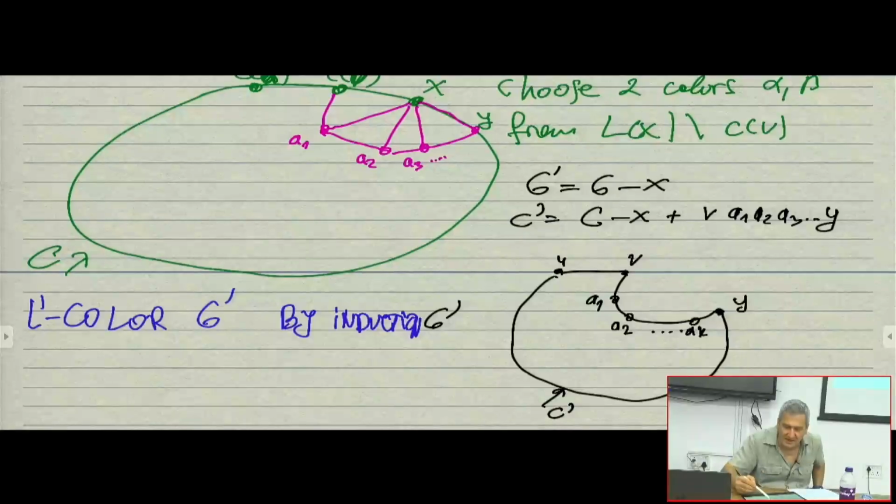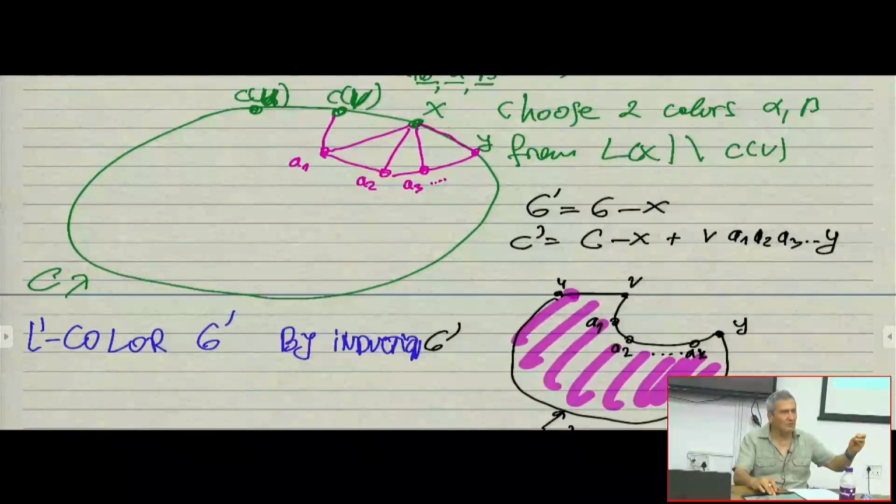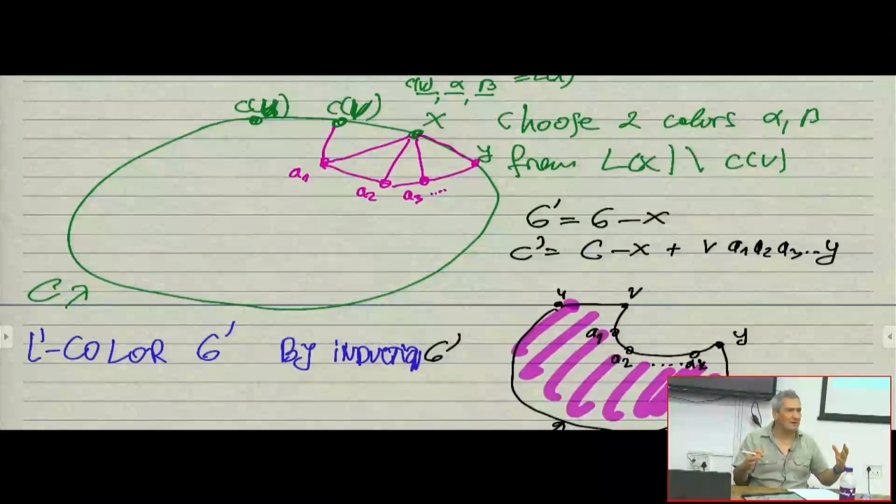We color this graph. Okay? In order to color G, what should we color? We have a coloring of G prime, but we want a coloring of G. So one more vertex we should color. Which one? X, yes.